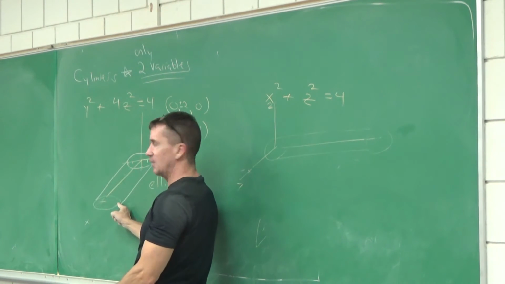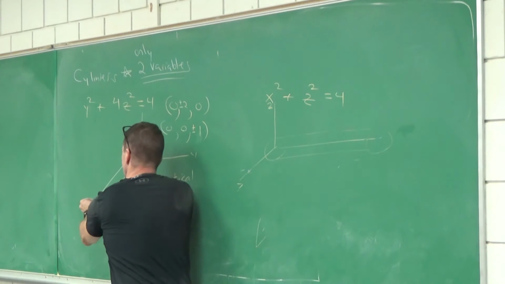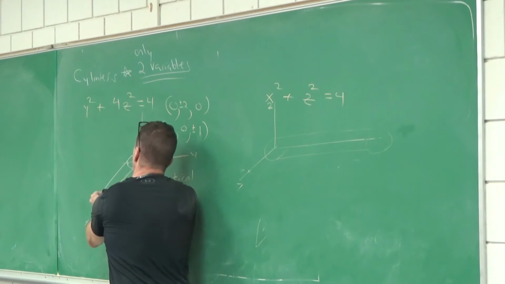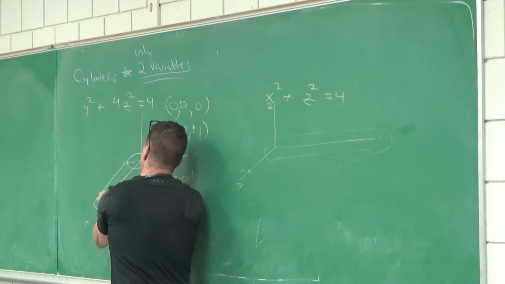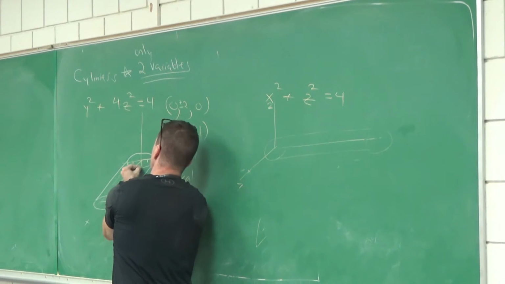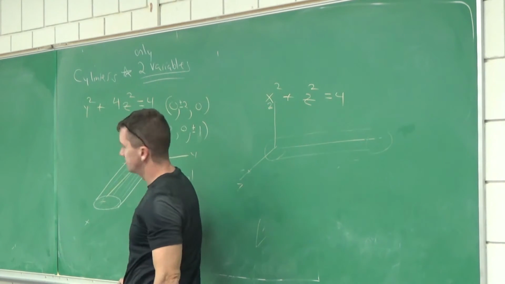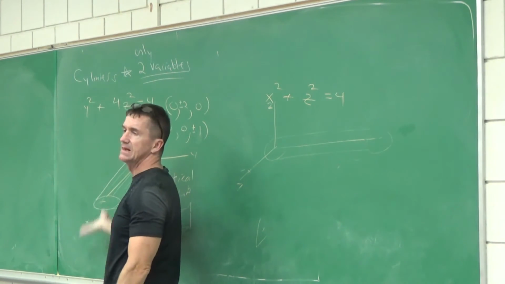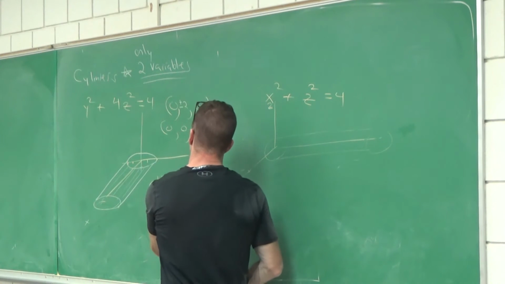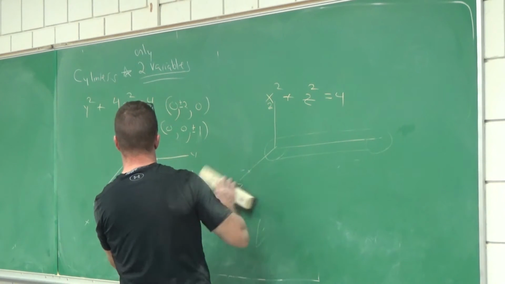Sometimes I have to improve it. I want to make this run nice and parallel. Just improve that trace. Or you can put some of these, they call these rulings, to make it look cool. Elliptical cylinder.